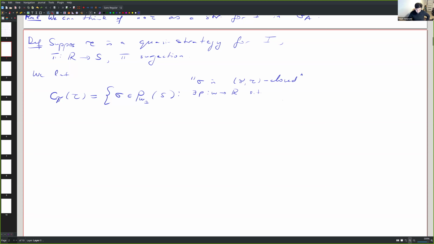Such that for every n in omega, P restricted to n is in tau.